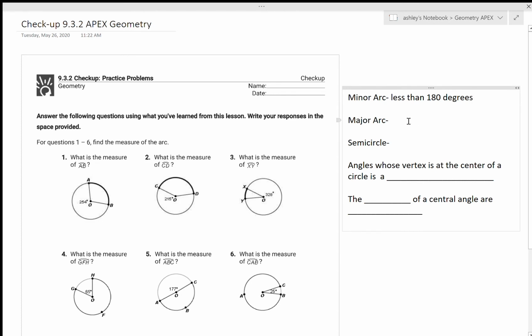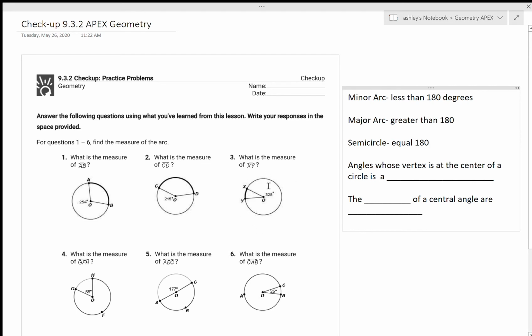Well, minor arcs are less than 180, major arcs are greater than 180 degrees. And semicircles are perfectly cut in half and they equal 180. So those are sort of your definitions for those. Semicircle is half of a circle, it's 180. Major arc is going to be bigger, and a minor arc will be less than 180.